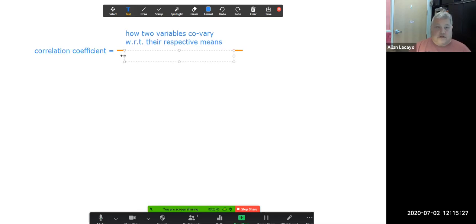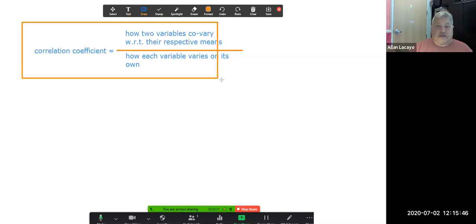And in the denominator, we're going to be measuring how each variable varies on its own. So that's what a correlation coefficient is defined as. It is a measurement of the linear strength and direction of association between two variables by gauging how the two variables vary together relative to how they vary on their own.